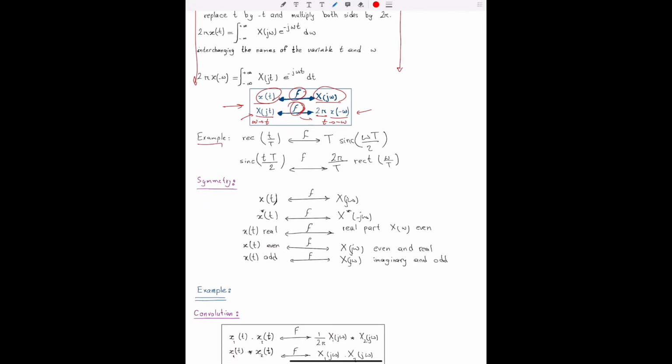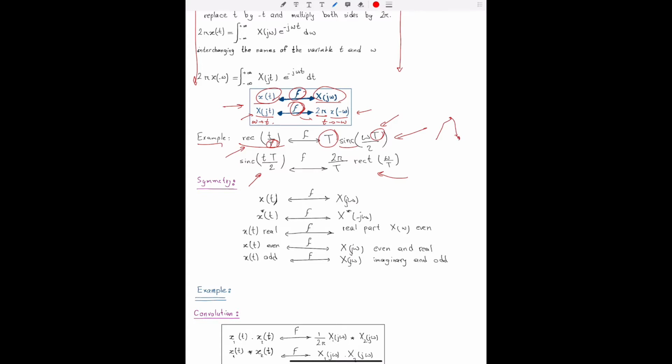As an example, with the rectangular we showed above, if we have a rectangular of t divided by capital T, we get a sinc of omega capital T divided by 2. So if we give it a rectangular, we get a sinc. Now, if we give a sinc, we showed above that we get a rectangular. As we said, there are differences in the peaks and the zero crossings and all that, so how do we find those?